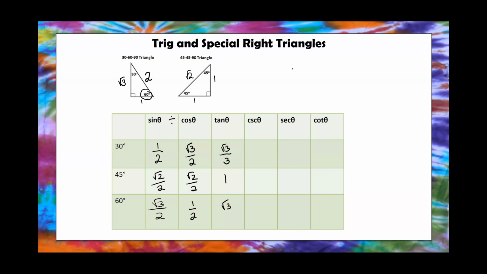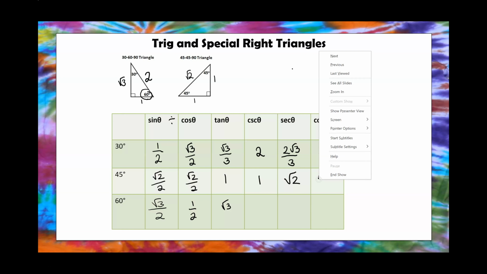All right, I'm going to fill in the rest of this table for you. So here we've got a 2, root 3 over 3, a root 3, a 1, a square root of 2, just kidding, a 1.